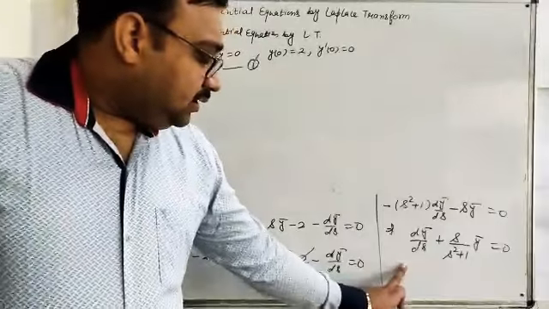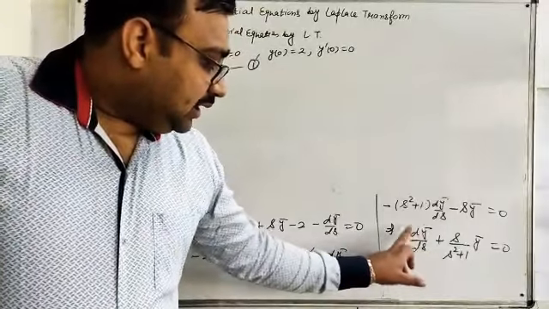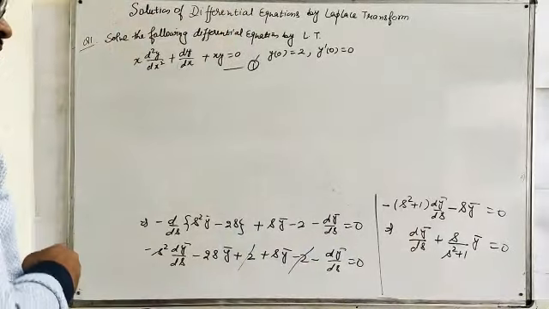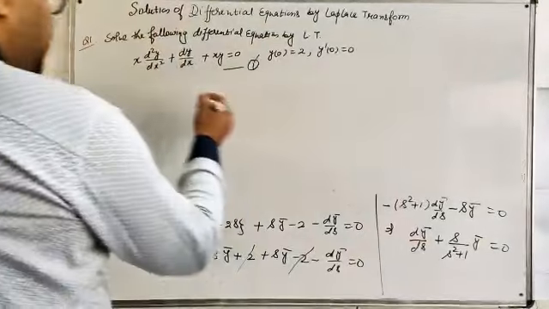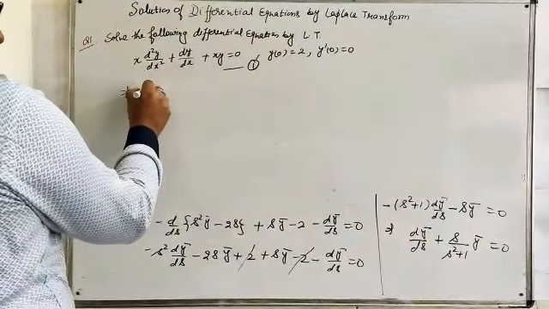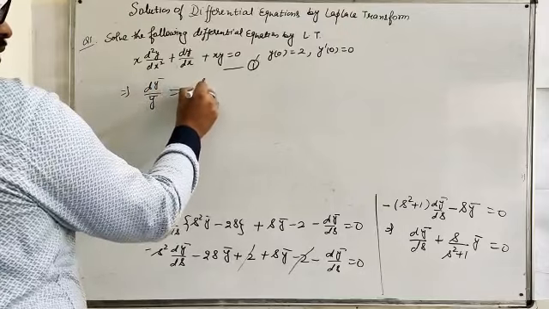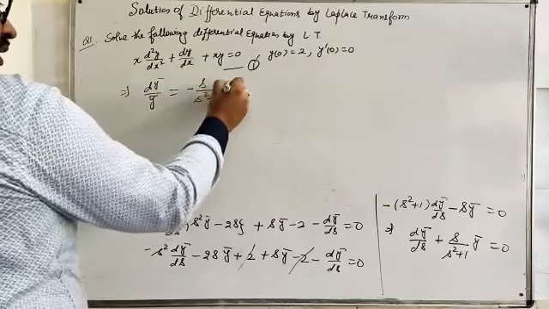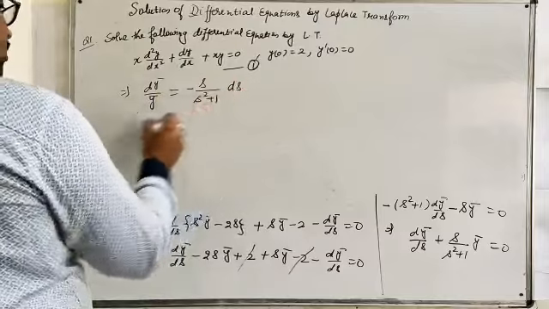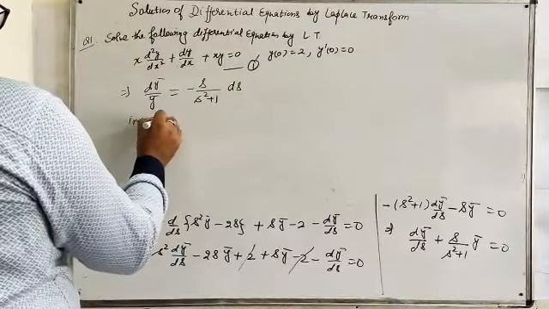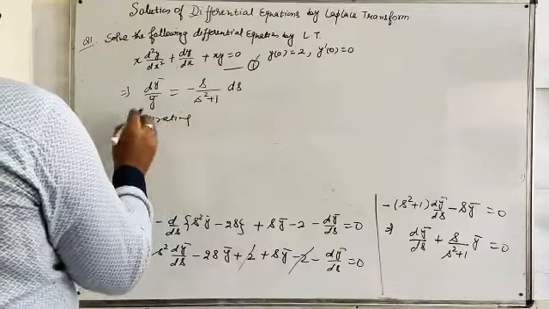Here we can separate the variables, that is, taking y bar with dy bar and s with ds. So we can write dy bar over y bar equals minus s upon s square plus 1 ds.